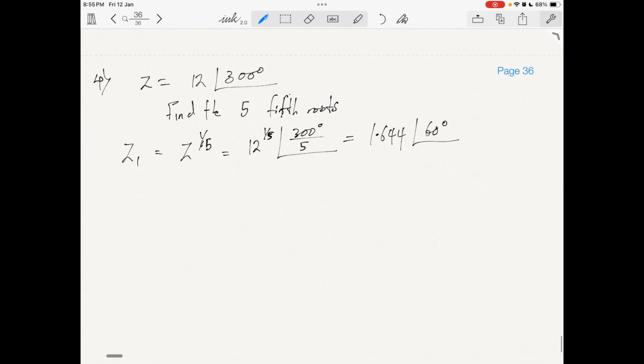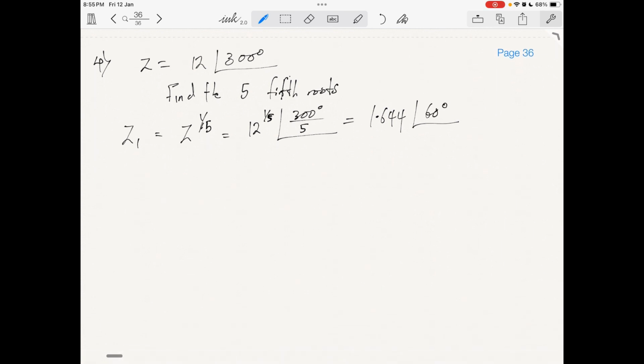Now we are dealing with 5 roots here, so by how much are they separated? And our answer will be 360 degrees over n, and n in this case is 5, and 360 divided by 5 is 72 degrees.